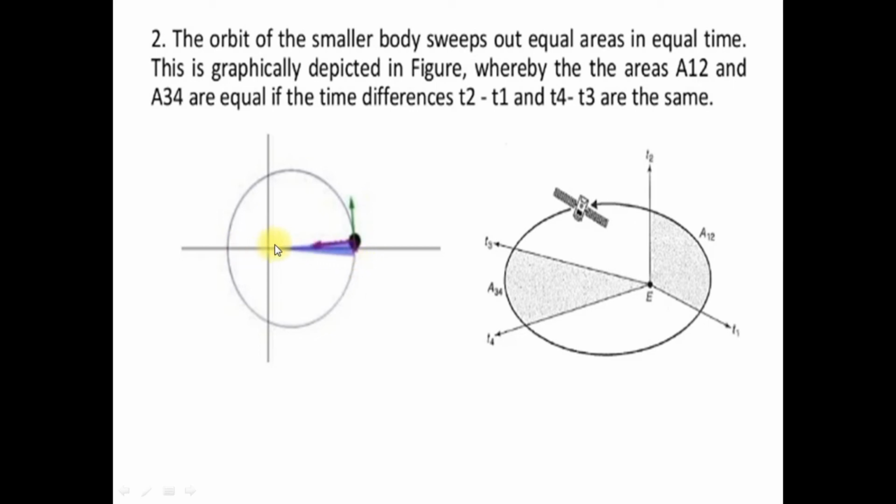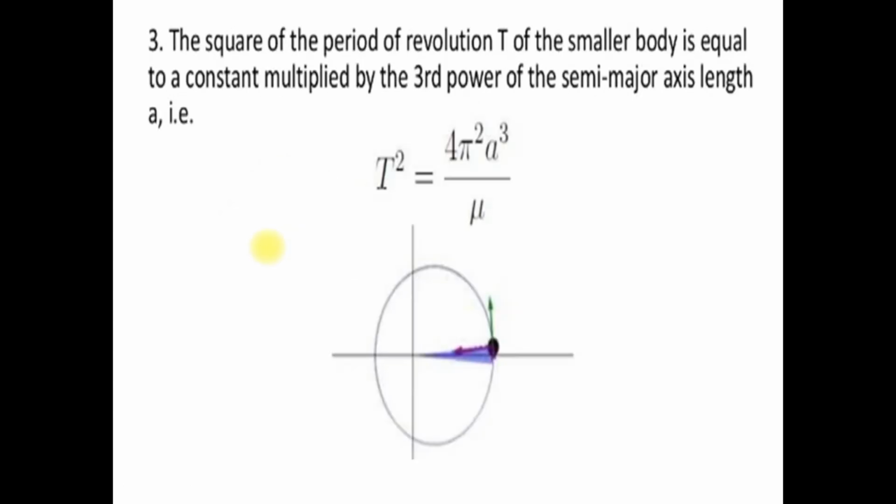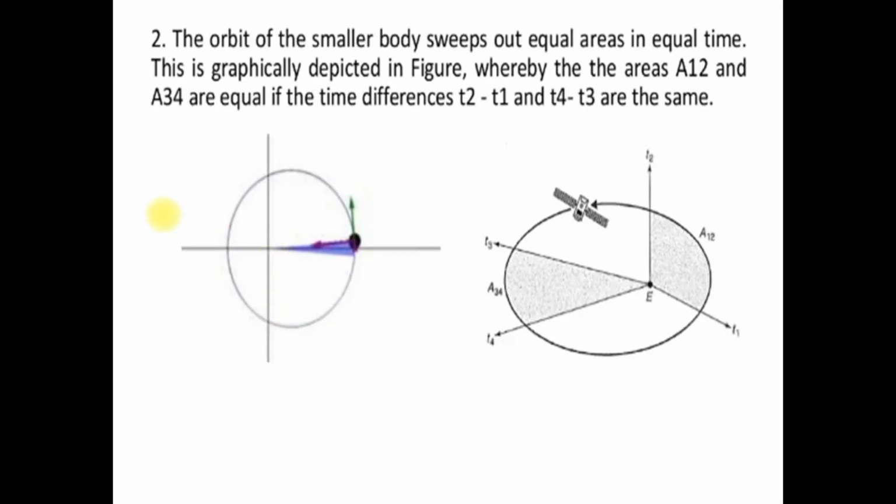So at this particular point, if I consider a planet is there, and near this point a satellite is revolving around it, and if I join a thread from these two, this satellite in an equal amount of time will sweep an equal amount of area as it moves.